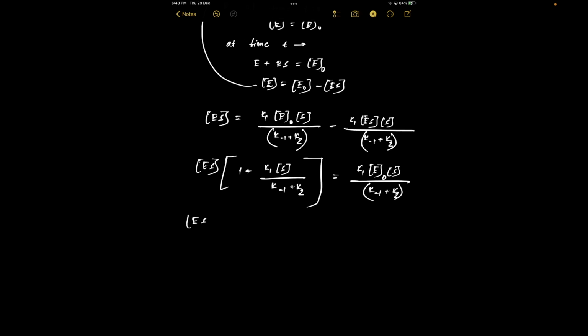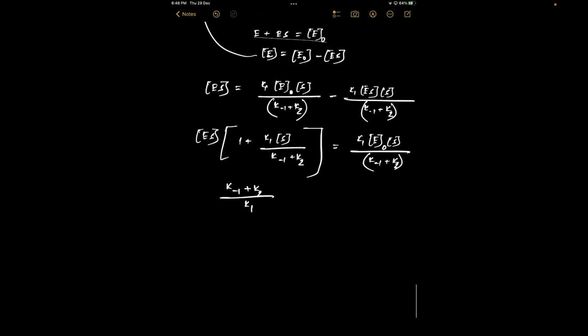Now ES will be, let's assume k minus 1 plus k2 divided by k1. This quantity, the ratio of k minus 1 plus k2 divided by k1, we call it Km, which is the Michaelis constant, right? So this is important.